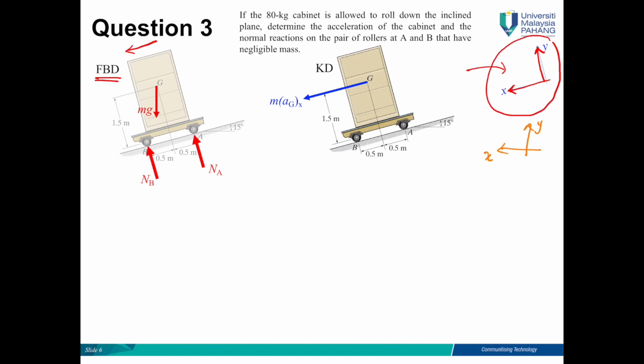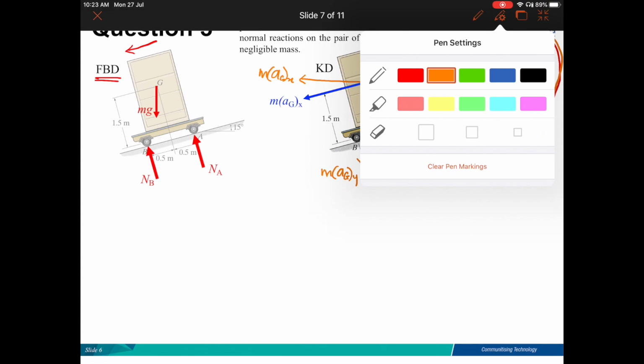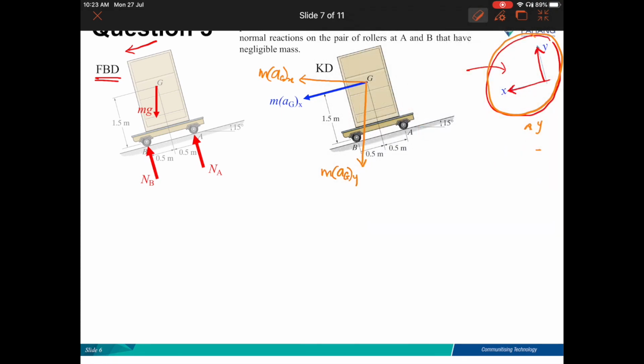In this case, you will not only have x-axis movement, m a_x, but there will also be a y-axis movement like this, m a_y. By defining the axes this way, you avoid having two arrows in the kinetic diagram, and that will definitely ease the calculation. So let's remove all this.